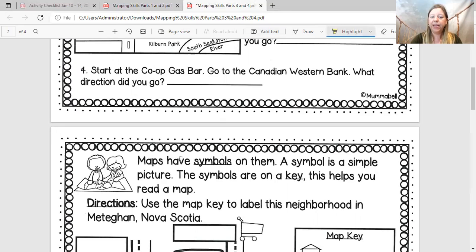All right, so maps have symbols on them. A symbol is a simple picture. The symbols are on a key. This helps you read a map. So all of these words, all these sentences help us with figuring out what the meaning of key is.